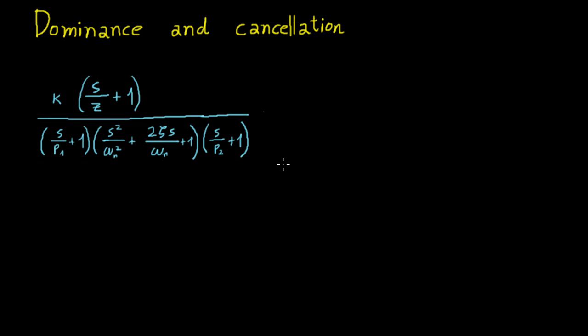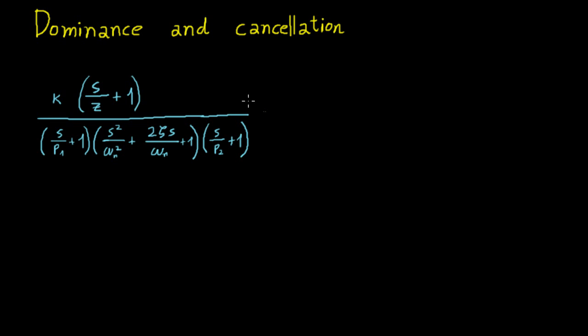We're going to see when certain elements of a transfer function can be neglected, thereby allowing us to approximate it by a simpler function, one with reduced order and consisting only of some of the terms in the original transfer function.